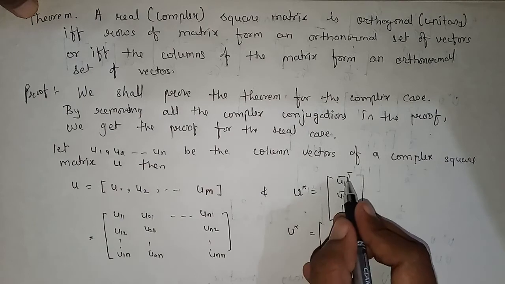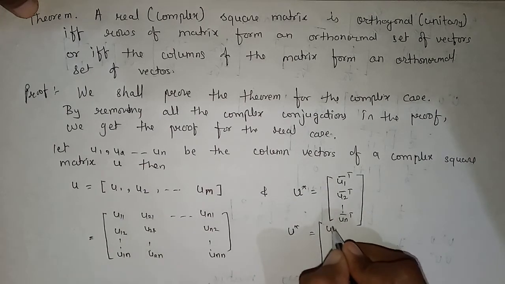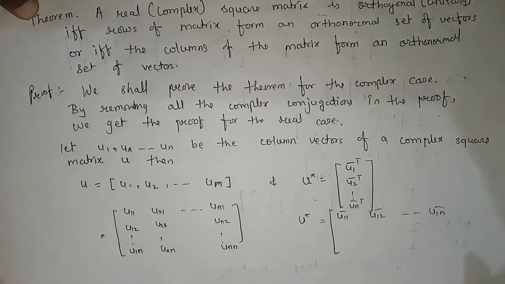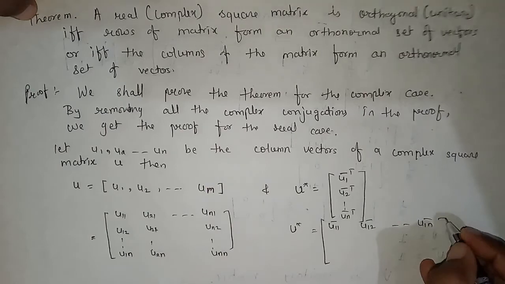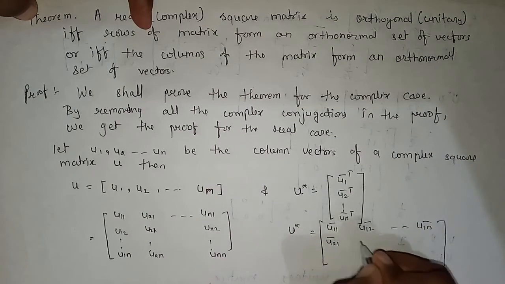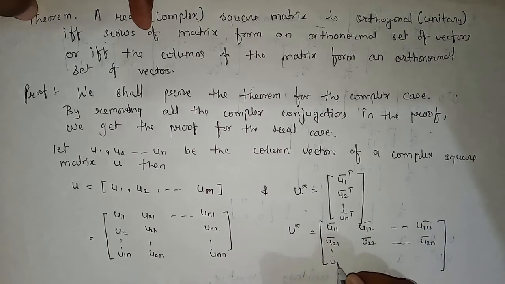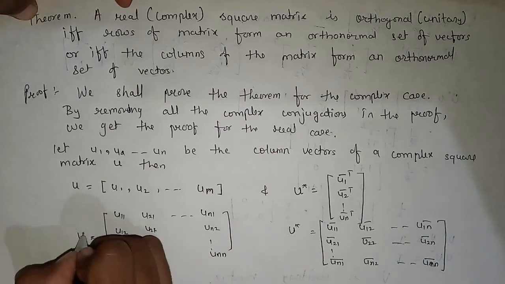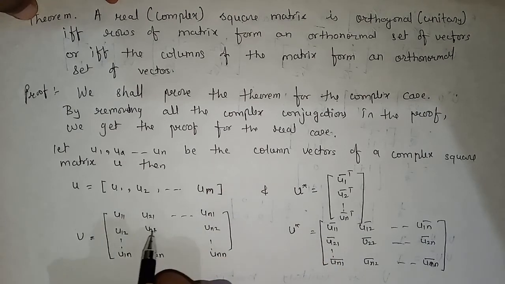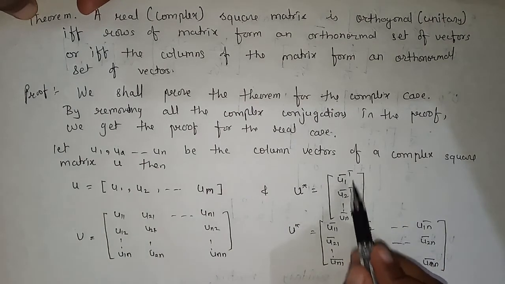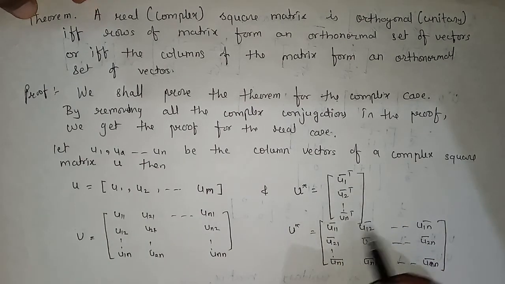So this becomes u11 bar, u12 bar up to u1n bar, this is u21 bar, u22 bar up to u2n bar, here un1 bar, un2 bar up to unn bar. So this is U and this is U star. So instead of writing this, we are directly writing u1, u2, un as column vectors and U star, u1, u2 bar transpose as row vectors.